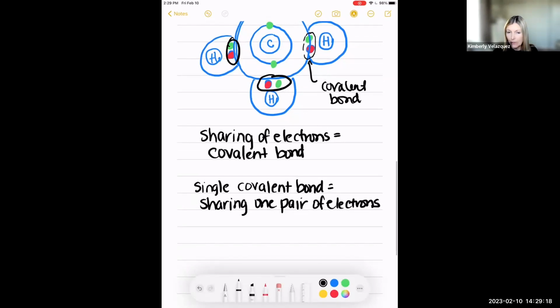We're going to look at double and triple bonds today also. A double bond is going to be sharing 2 pairs of electrons. A triple is going to be sharing 3 pairs of electrons, but you'll see that in a minute.